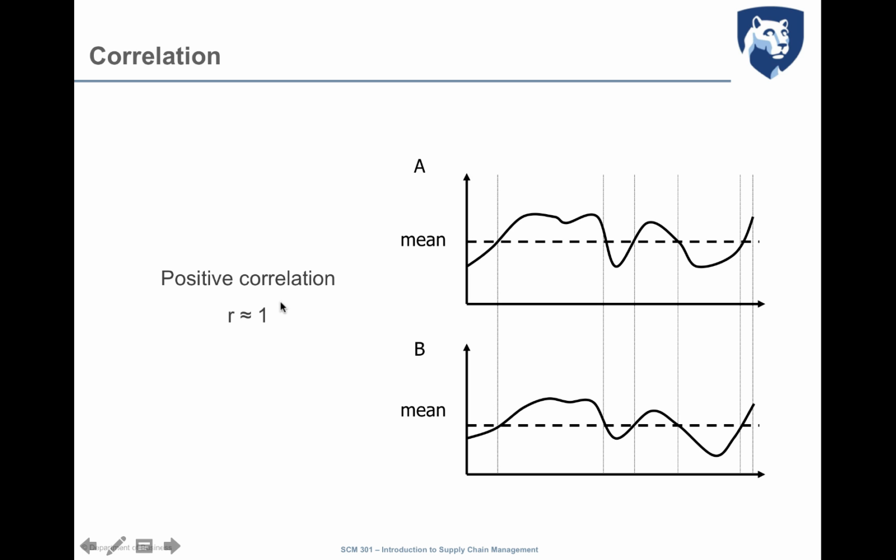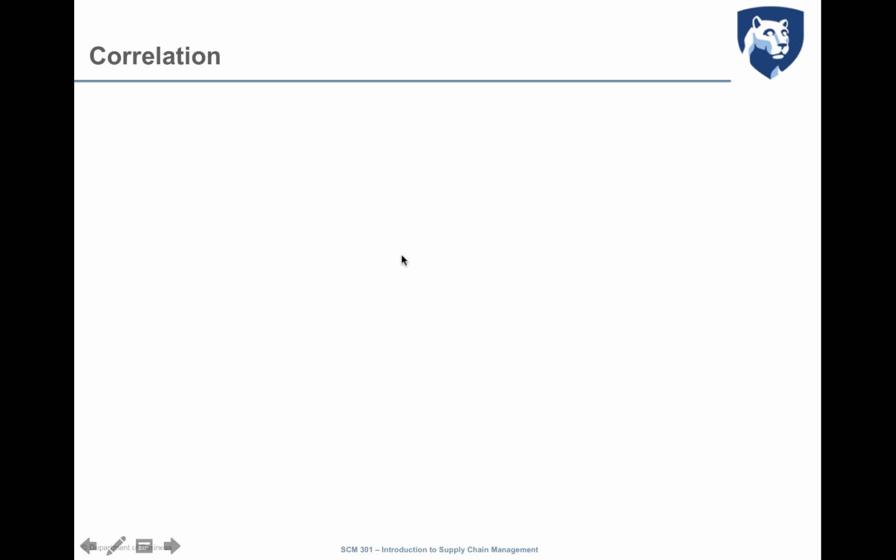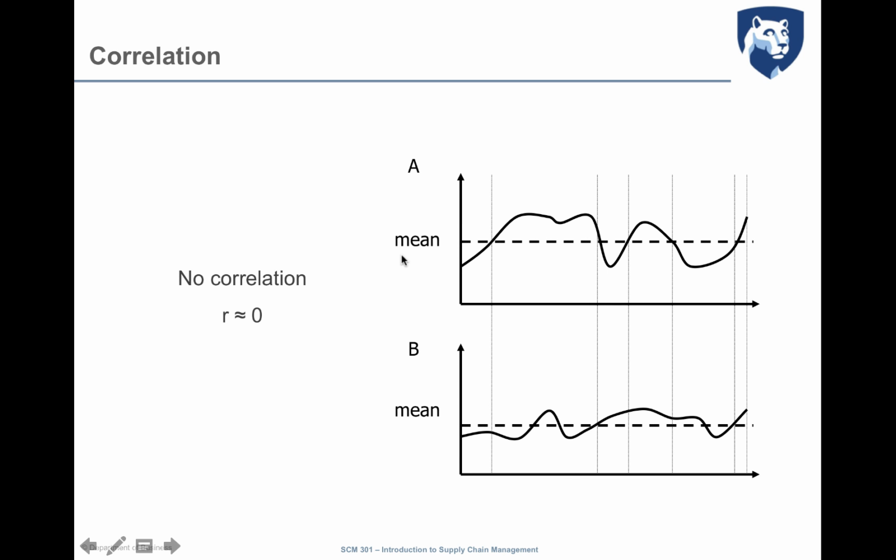When the coefficient is similar to 1, it means that there is high correlation, and so the two variables are very similar. Instead, if you consider this example, you see that the trend and also the value are quite different. So if you calculate the coefficient of correlation, its value is likely to be near 0.